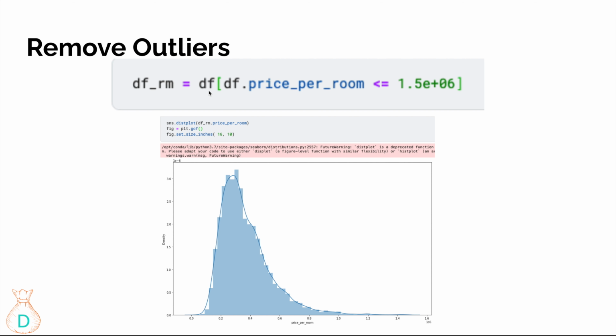So what we do here is df bracket df dot your metric or the column name, less than or equal to 1.5 million. Now if we run the same dist plot, it's going to look a lot prettier, more focused on the lower end of the distribution.